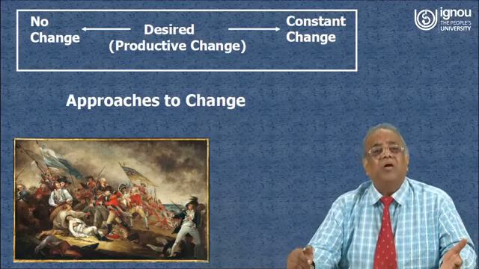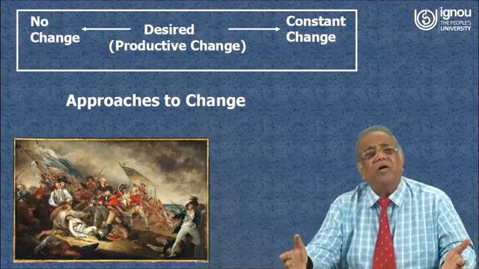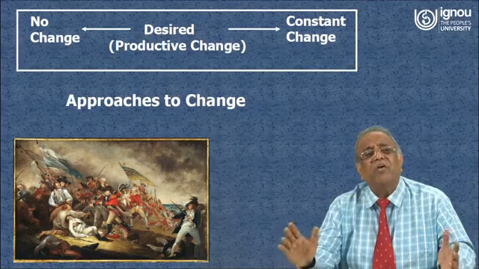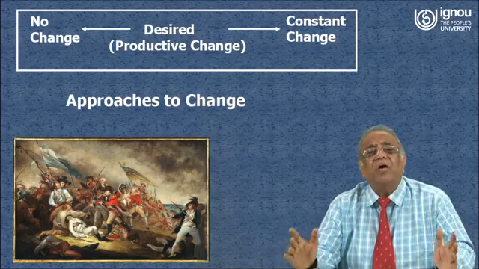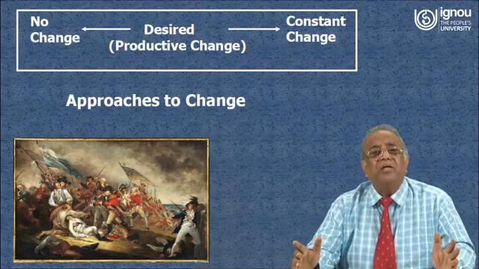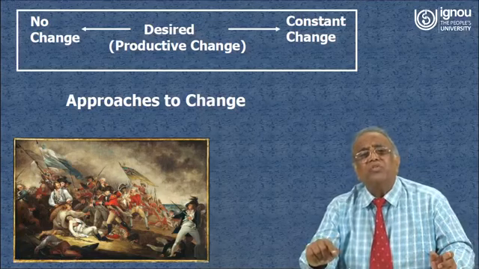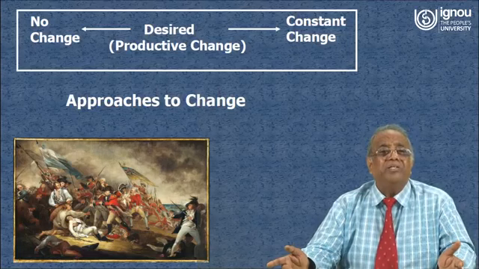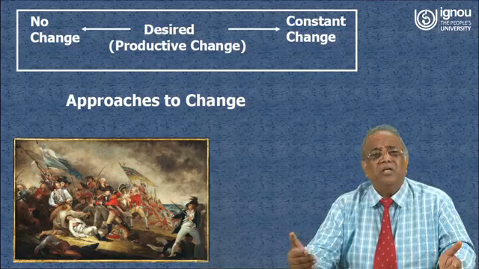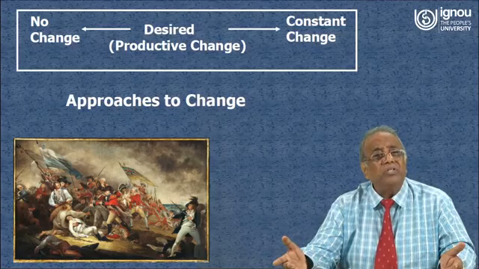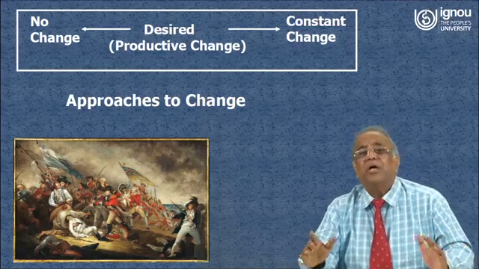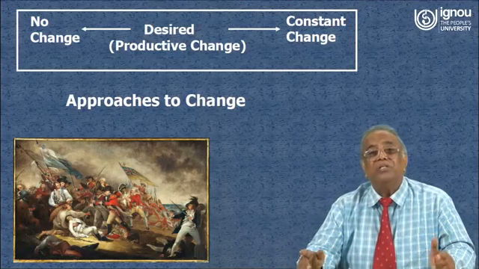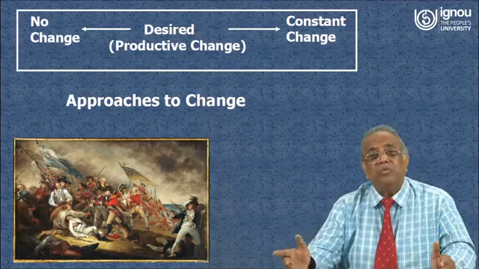So a new model is always coming after every 2 years for any car manufacturing company, because they believe in constant change. And for shifting from no change to constant change, there is a desire, that is productive change. So the approaches to change have to be there, so that we can shift from no change to constant change.